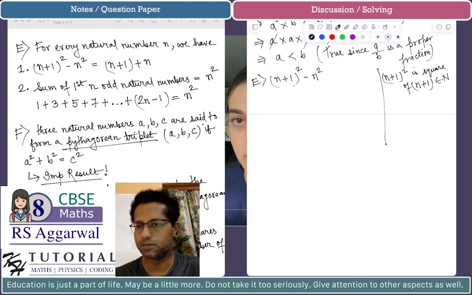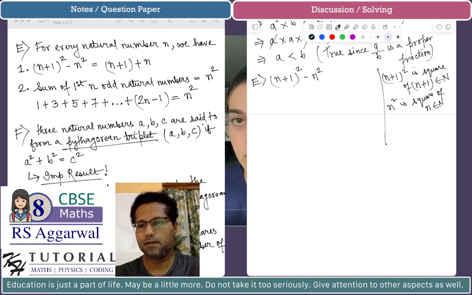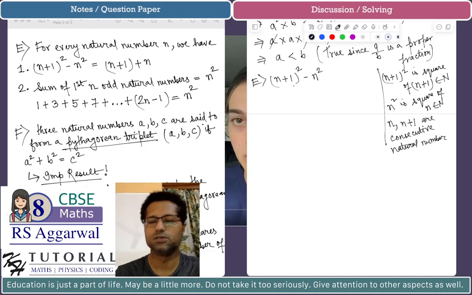Also, n square is the square of the natural number n. So n and n plus 1 are definitely consecutive natural numbers.